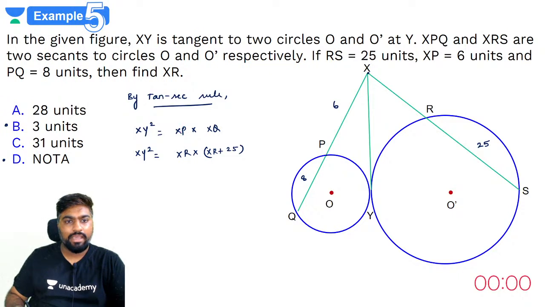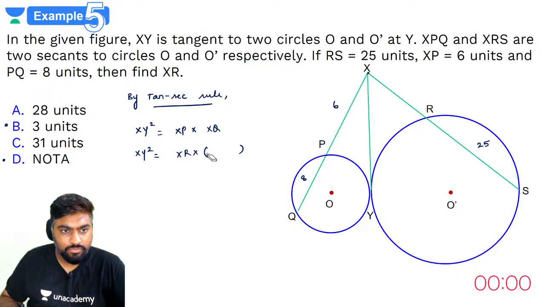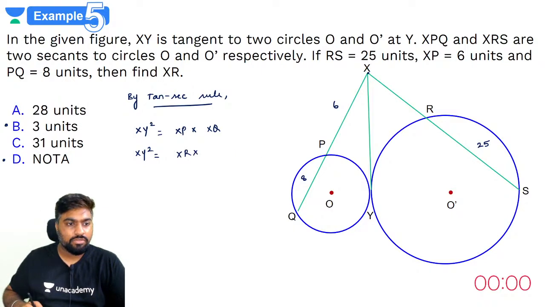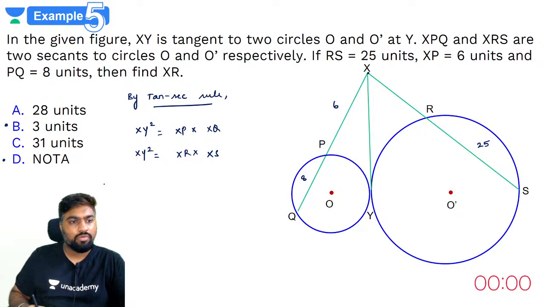What will happen? XP is how much? Just write it as equal, don't get confused. XP into XQ equals XR into XS. What will you get? XP, which is 6, into XQ, which is 6 plus 8, 14.